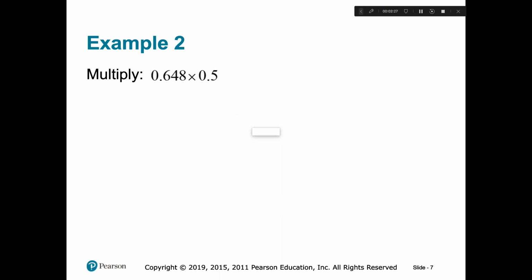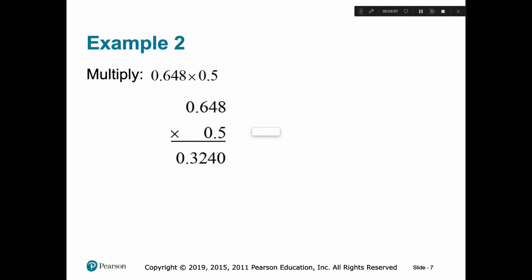Here's our next one, 0.648 times 0.5. Evidently, I did not put this one on your paper. 324. Perfect. How many places are behind the decimal point in this problem? 4. So how many decimals or places are there going to be in our answer? 4.